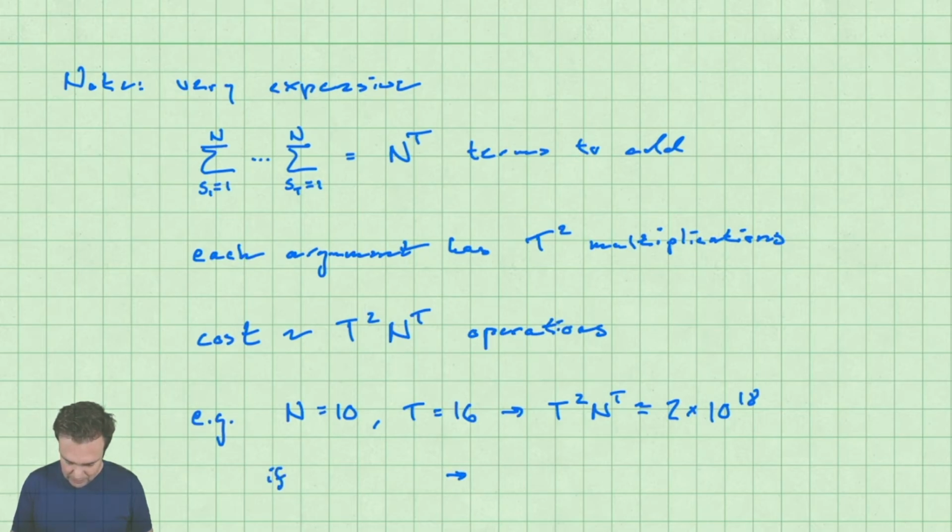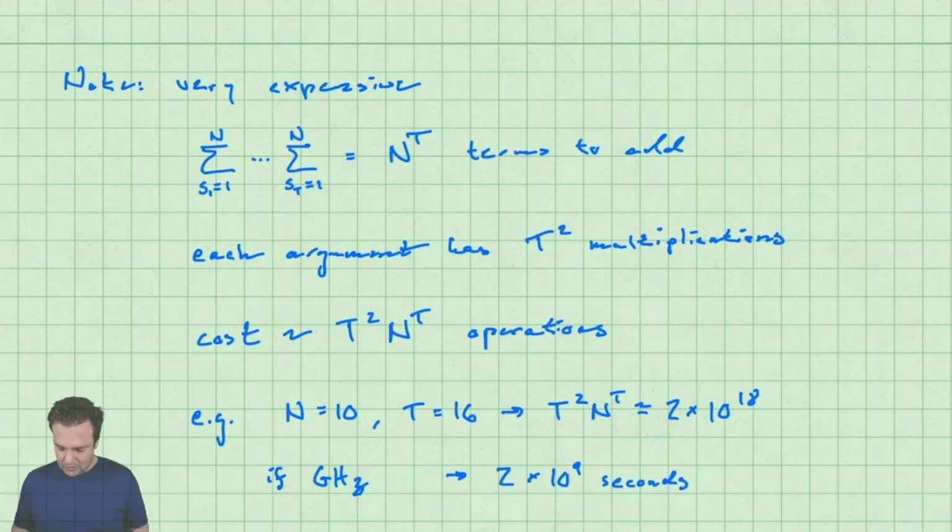So if you're operating at a gigahertz, this means you have to do 2 times 10 to the, 18 minus 9, 10 to the 9 seconds. You might not know what that means. So 2 times 10 to the 9 seconds, but a year has about 3 times 10 to the 7 seconds in it. And so this is about 100 years, something like that.